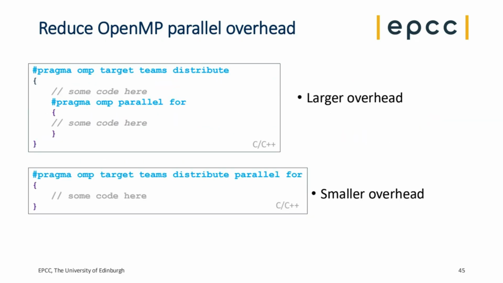Here's an example where you've combined two OpenMP directives. But it's your choice. Splitting things up like this may make your code easier to understand, but there is a potential saving in reducing the number of OpenMP directives that you have in your code.